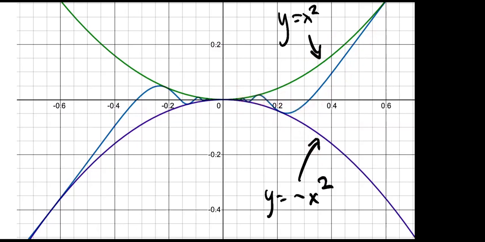This is the whole idea behind the squeeze theorem, is that if I can squeeze a function that I don't know a lot about between two functions that I do know about, and those two functions have the same limit as x approaches some value, then that function that I squeezed between the other two functions has to have the same limit. That's the whole idea behind the squeeze theorem.